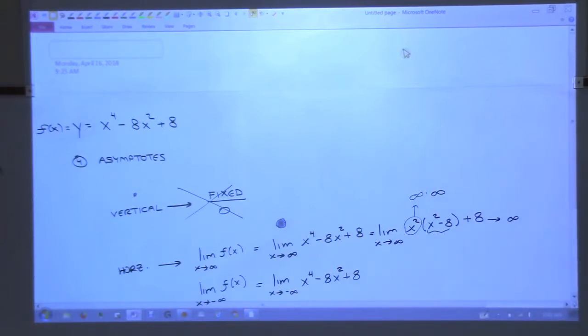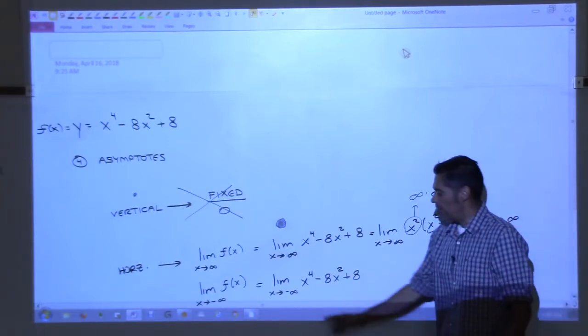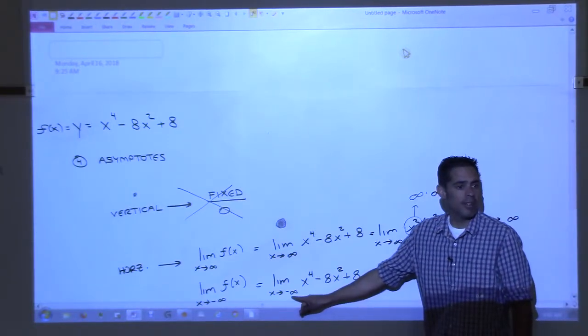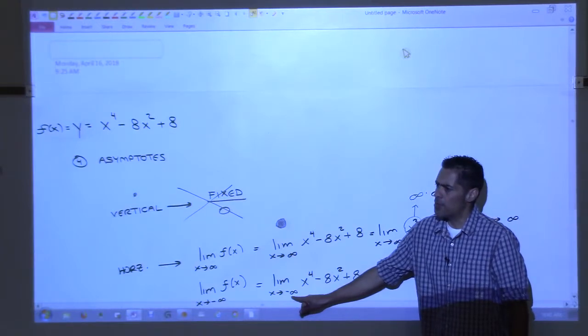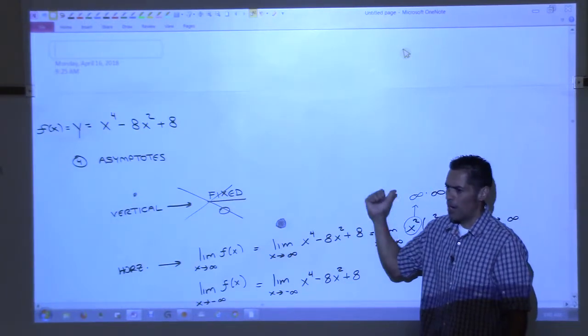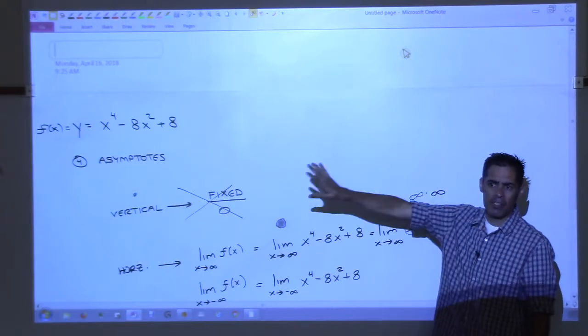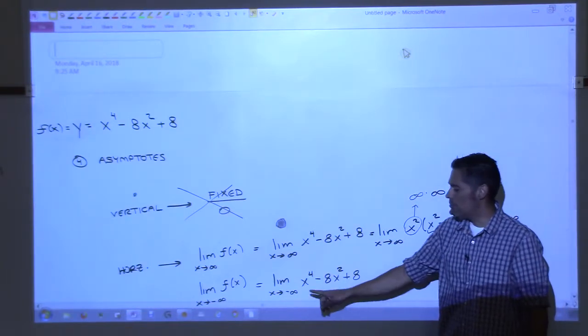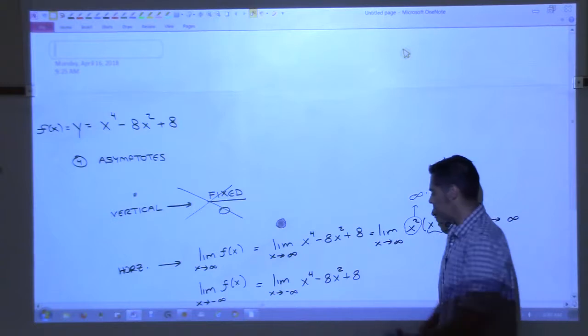So what changes here? You're going to get a positive. The fact that I'm going to plug a negative number in here means nothing, because remember, this is an even function. So whatever happens on this side is going to be a reflection on the other side. So this is also going to go to infinity, isn't it?